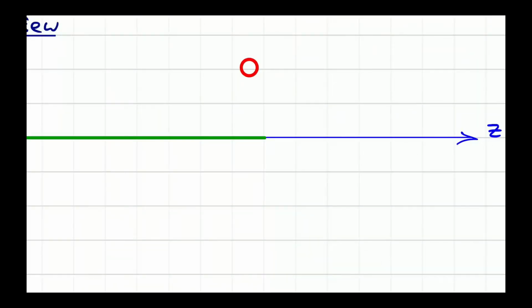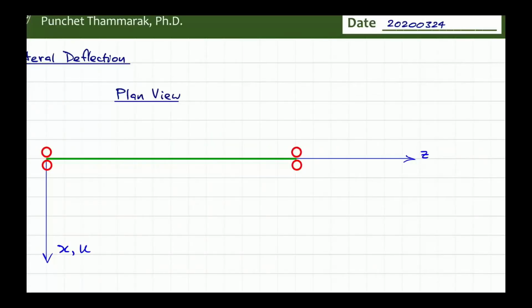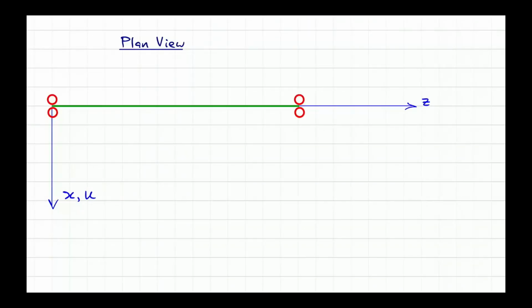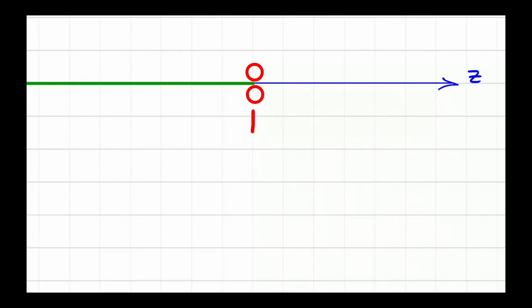This is a boundary condition that is not so general to your eyes, right? You don't see this generally. So this boundary condition is the rotation prevention.